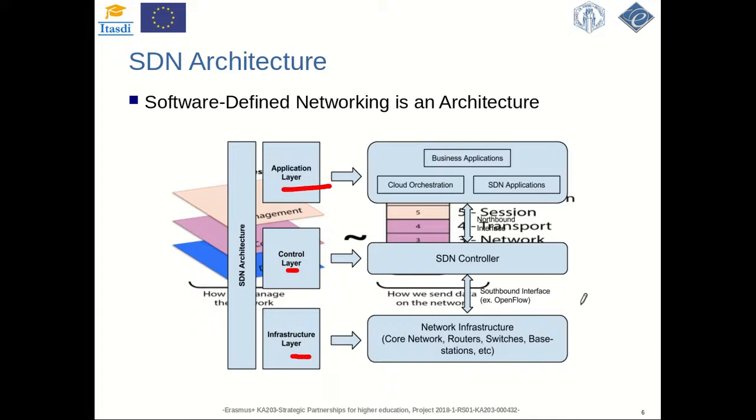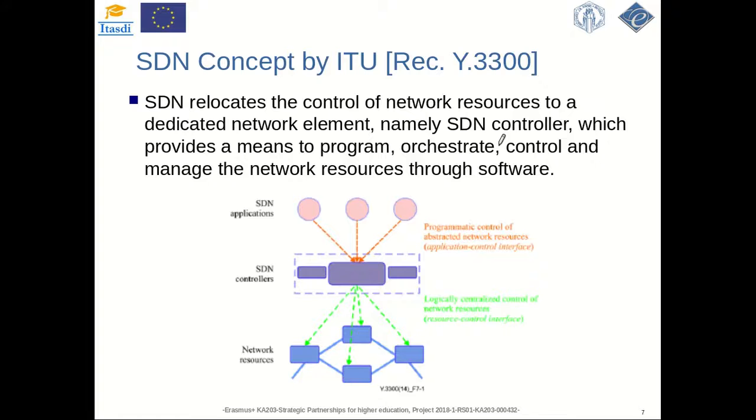Down we have network infrastructure, core network, routers, switches, base stations, access points, etc. On the control layer we have SDN controllers, and above we have different applications such as cloud SDN, etc. Also, we have here presented a concept given by ITU, how they look on SDN in the recommendation Y.3300.